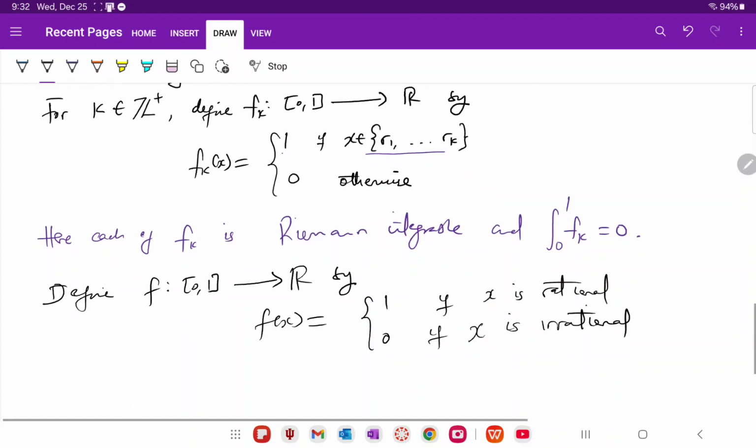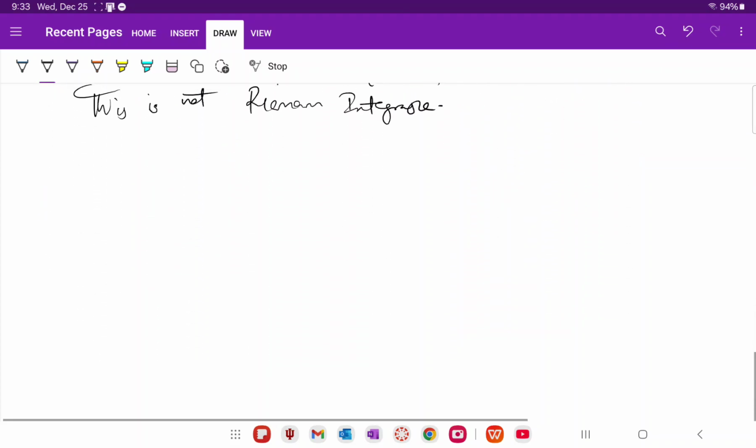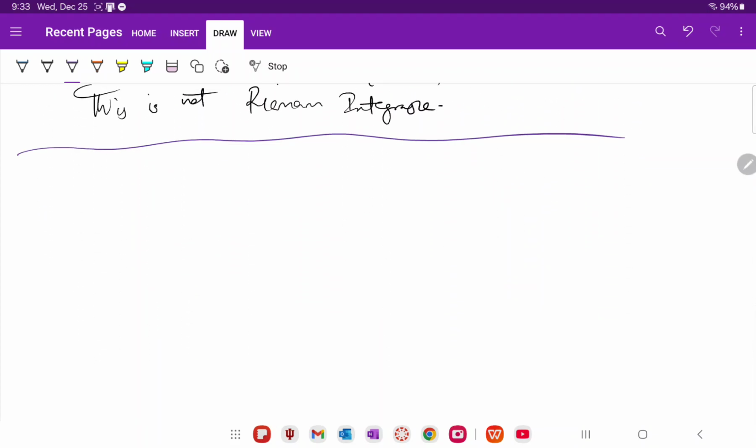We already showed that this is not Riemann integrable. So the sequence of functions is Riemann integrable, but the pointwise limit function is not Riemann integrable. So those are the simple cases you can check also.